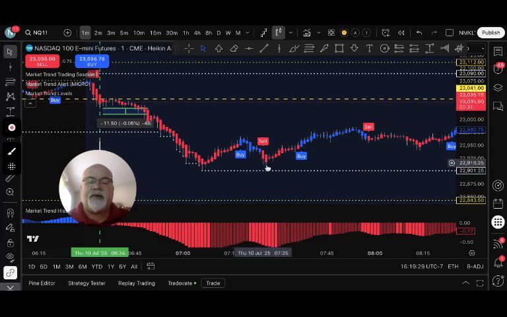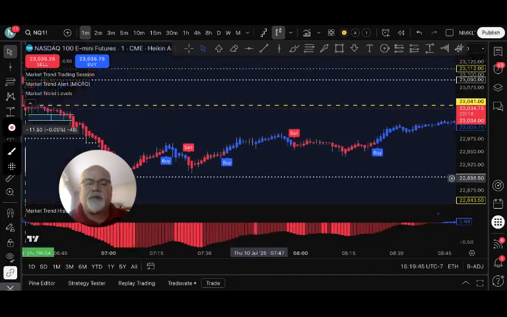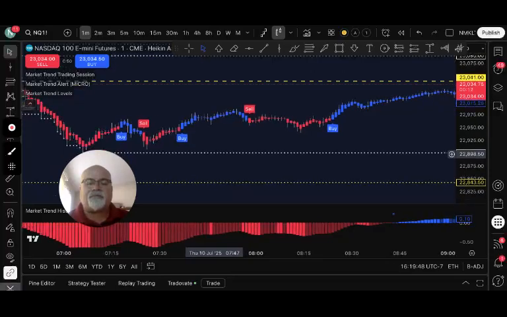Price doesn't come down and go below that. So I am not going to get into this trade. That is market structure, folks. And so I'd recommend you go out there and learn a little bit about market structure. Okay, so I'm not going to get in on this trade, even though we have an agreement.